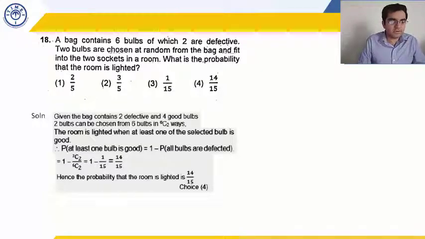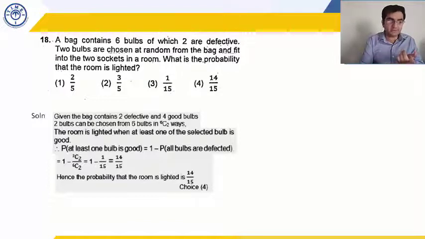Please write all of this down. We've done similar questions before where whatever we needed to find, we calculated it as 1 minus something else because it was just shorter. See over here, if we work in the normal way, then you will have to calculate 3 things.